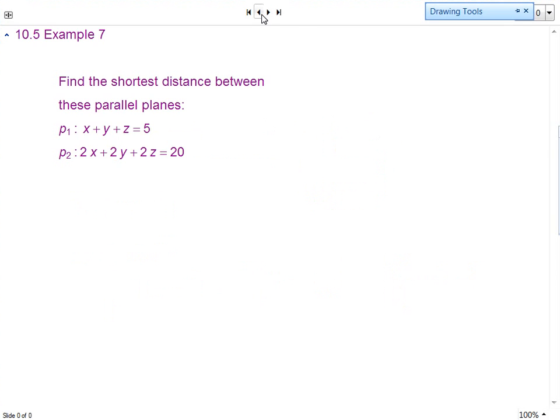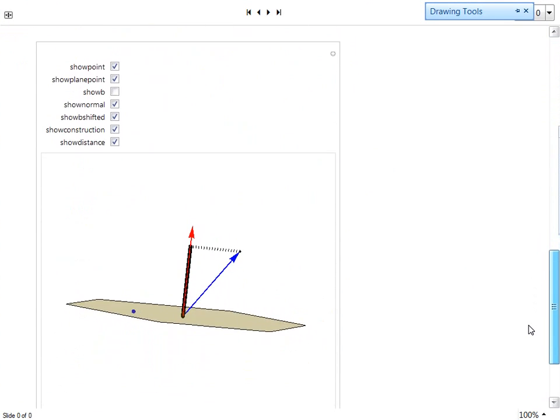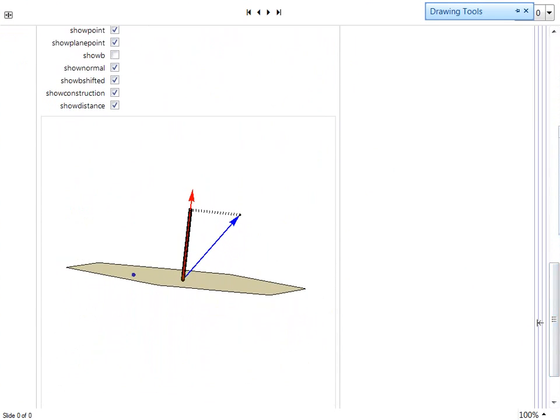Picture-wise, yeah. Yeah, you could have gone the other way. Because look, if you would have gone the other way, instead of going from here up to here, you would have gone here down to here, but then that projection onto here is still the same distance. So it would have worked either way.